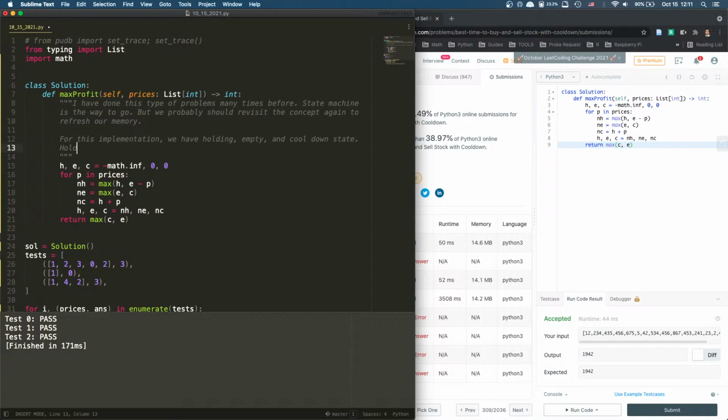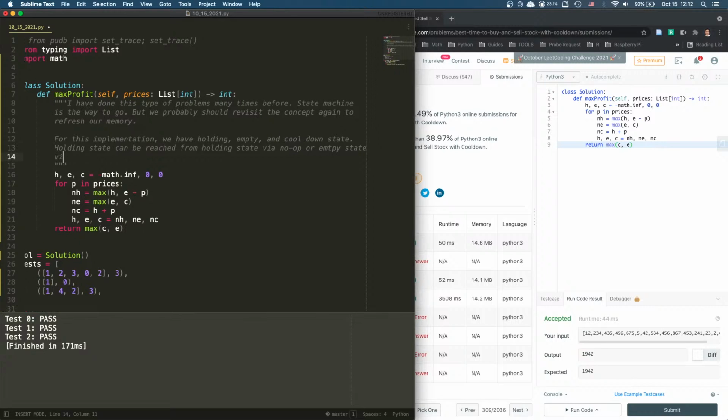Holding state can be reached from holding or empty state. From holding state via no operation, or empty state via a buy.